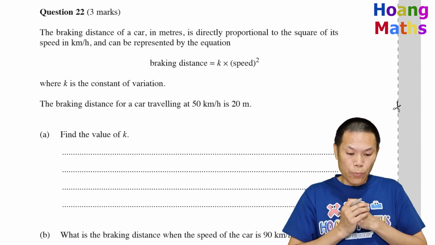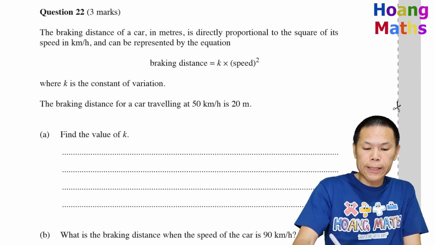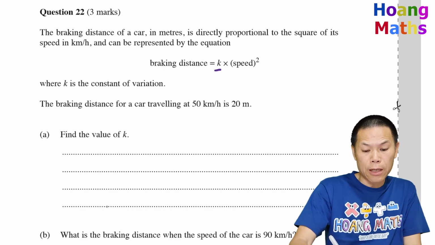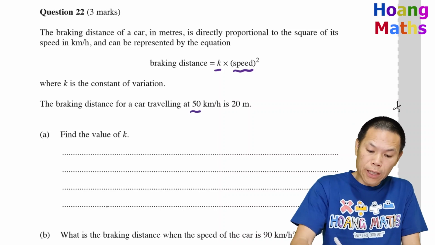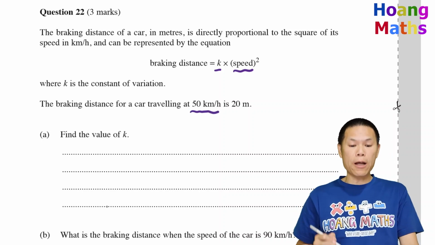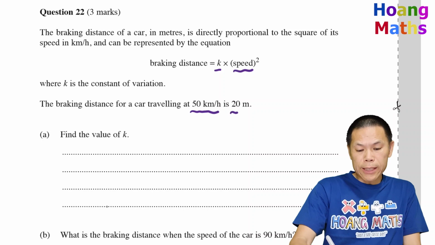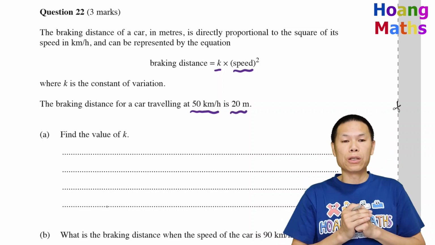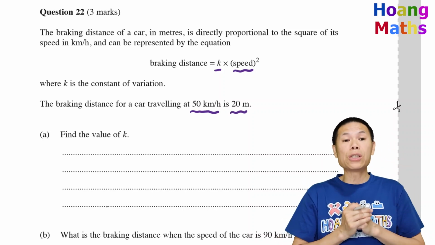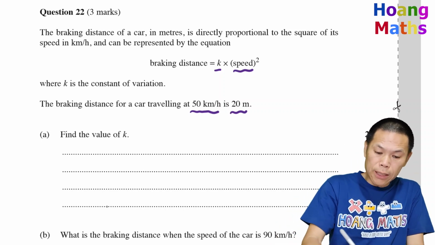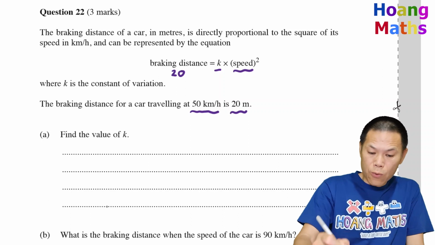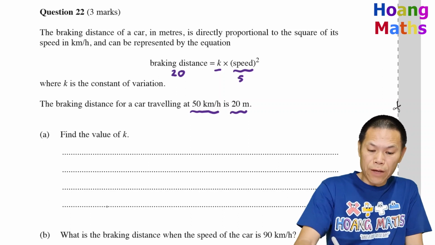Question 22. So we know the braking distance is equal to K times the square of the speed. When the speed is 50 kilometers per hour, the braking distance is 20 meters. So we can use this information to work out the value of K. The braking distance is 20 and the speed is 50.